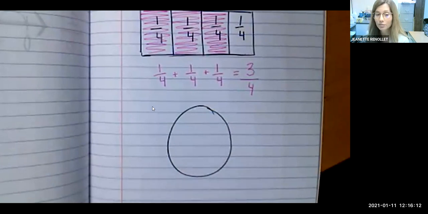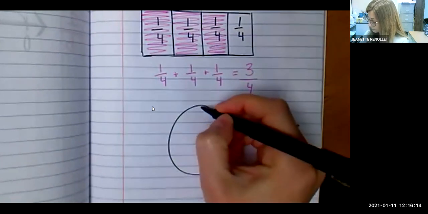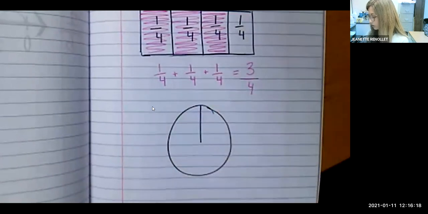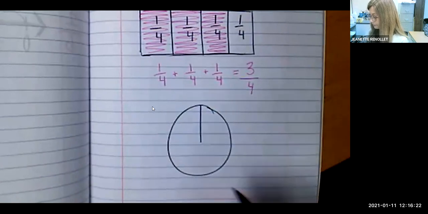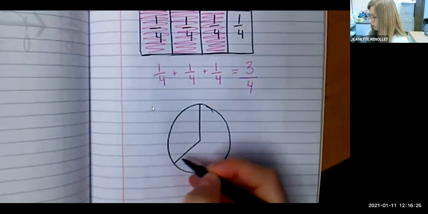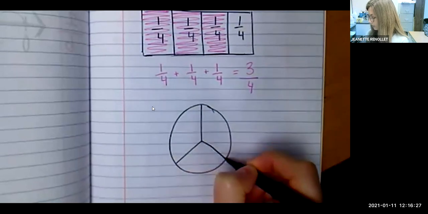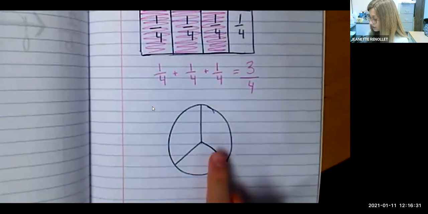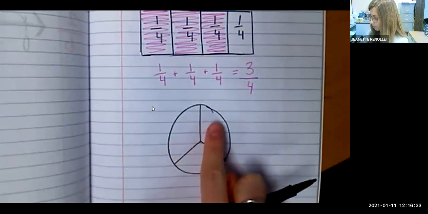We want 3 pieces of pizza. To partition into thirds, we draw a line down the middle, halfway. Then we draw an upside down letter Y. I have now partitioned into 3 equal parts.